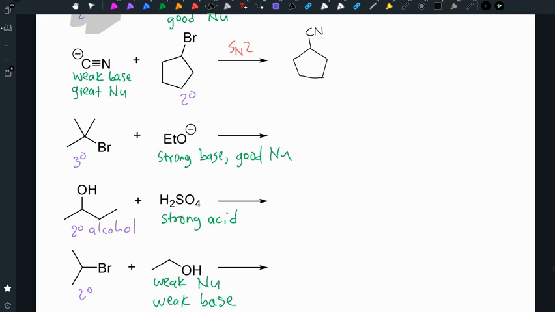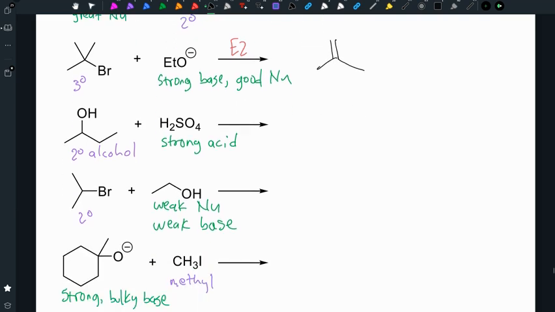I know SN1 is off, SN2 is off the table. Since I have a strong base, this is going to be E2. This next case is my special case where I have an alcohol and I'm adding a strong acid. And that's going to be E1.